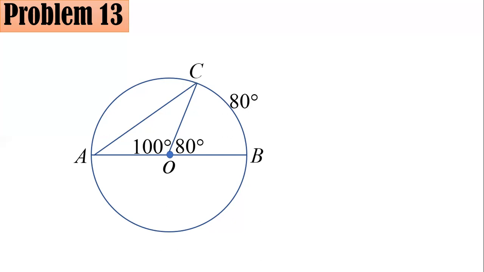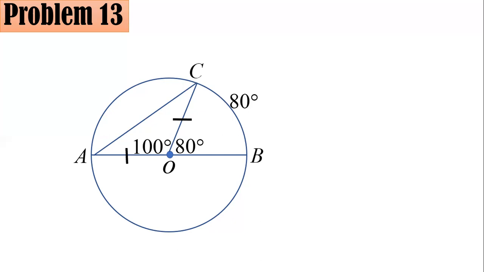Are they equal or not? Yes. Very good. So therefore, we could say that OA and OC are actually congruent to one another because they are radii of the same circle. And all radii of the same circle are equal in terms of length.